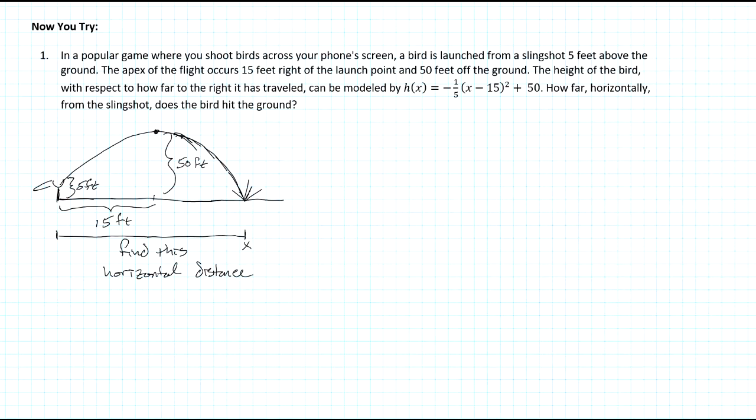All right, so this happens when the height is 0, so we'll set 0 as the output here. 0 equals negative 1/5 times x minus 15 all to the second plus 50. And we're going to start by subtracting 50 from both sides.